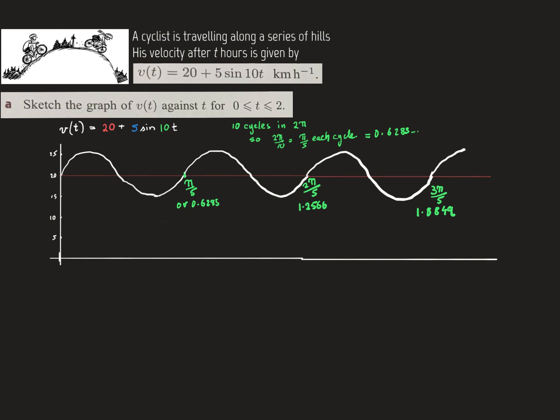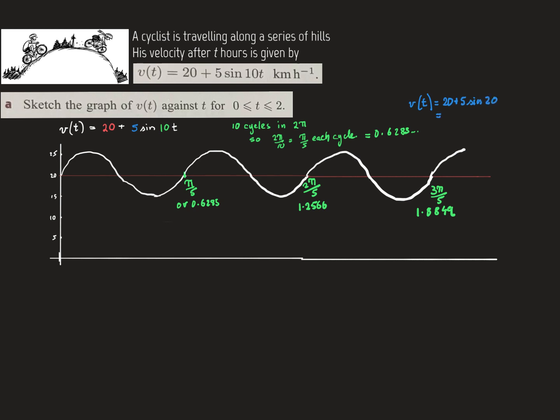And if we want to find exactly, we could just put the time 2 in here. 2 times 10 is 20, and work out what the V(t) is. So V(t) would be 20 plus 5 sine of 10 times 2.